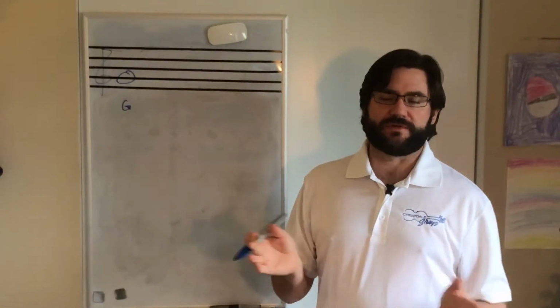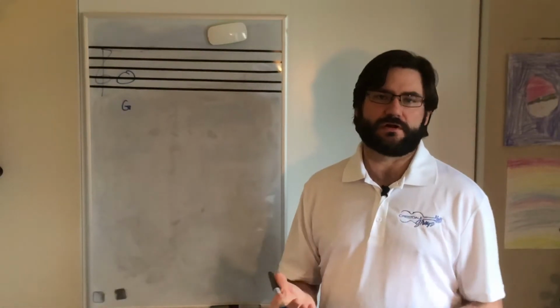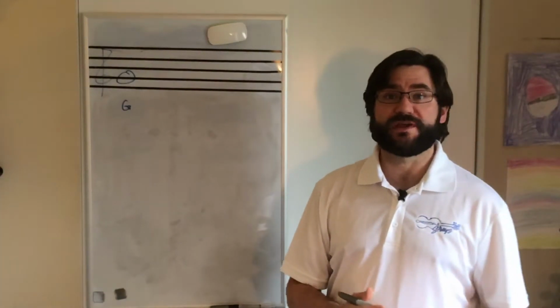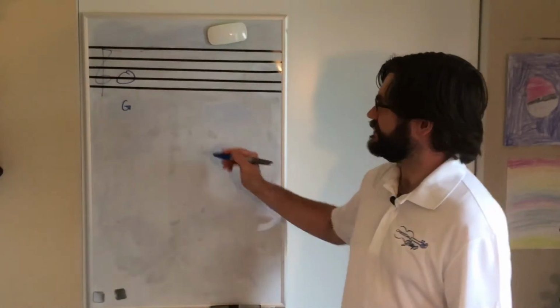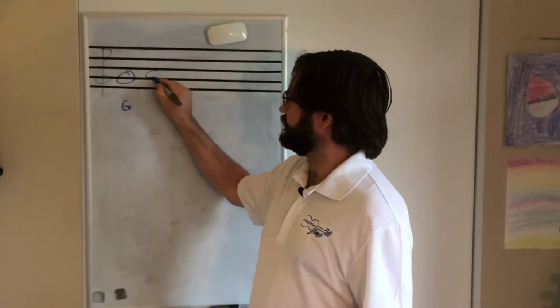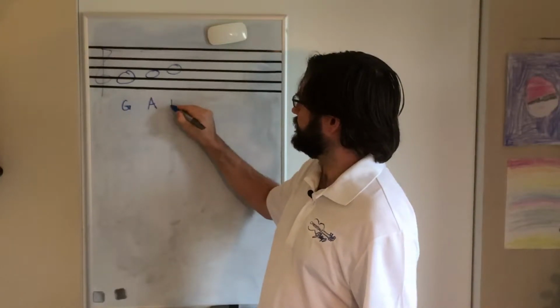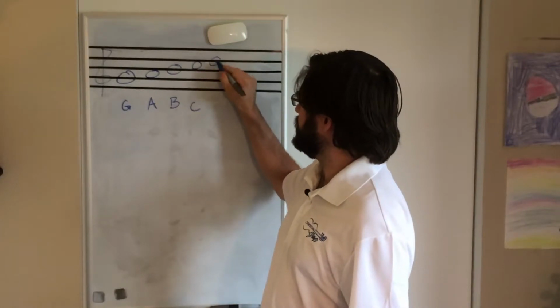We use our musical alphabet, A, B, C, D, E, F, G, and then we start over. Now, as we go up and down the staff, we get the next note or the previous note. As we go higher, the next note here is A, then B, then C, so on and so forth.